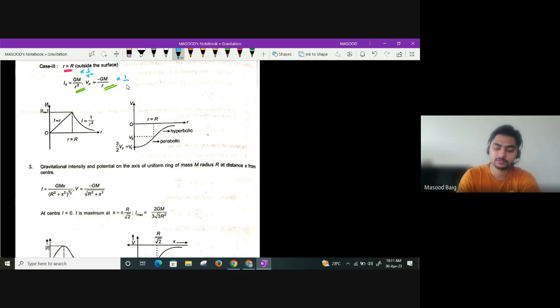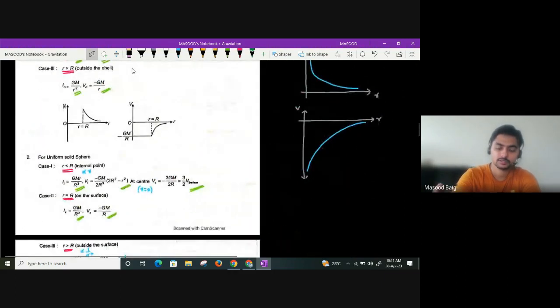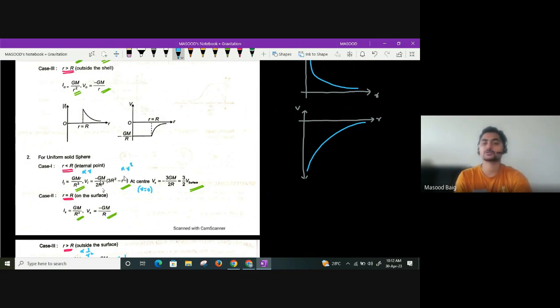So outside it is inversely proportional to r. Inside, as you can see over here, G capital M divided by 2 capital R cube. Anyhow, for a given solid sphere, mass and radius will be same. Small r value will change, guys. So it is directly proportional to r square, which means it is going to follow a parabolic curve.